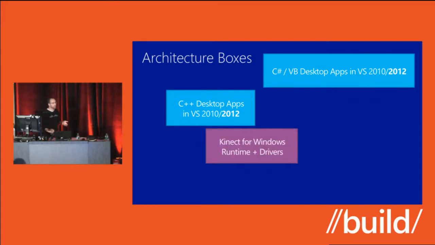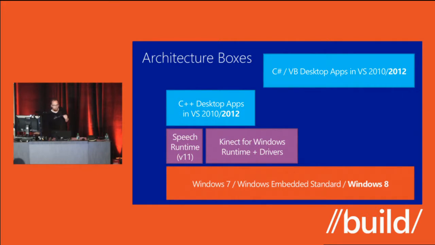When you build a C++ application, you depend on the Kinect for Windows runtime and drivers. Your application should actually chain install the Kinect for Windows runtime, which will also install the speech runtime for your speech capabilities. And we run on Windows 7, Windows Embedded Standard, and Windows 8, now with last month's release.